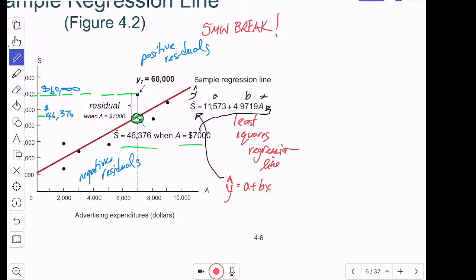Let's do A. A equals 11,573 means when there is no spending on advertising, who wants to finish the sentence?